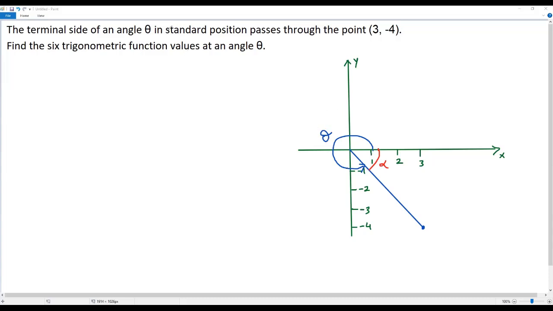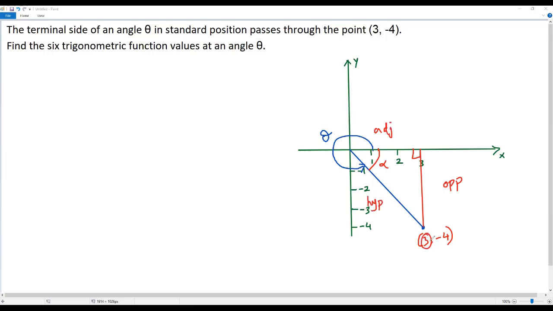Okay, now the next step is to draw a vertical line to the horizontal axis to form a right triangle. Okay, now I've drawn a vertical line from the point (3, -4) to the horizontal axis to get a right triangle. In this right triangle, considering this alpha, this side is opposite, this side is adjacent, and this is the hypotenuse.